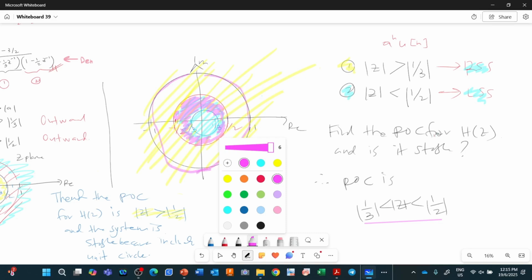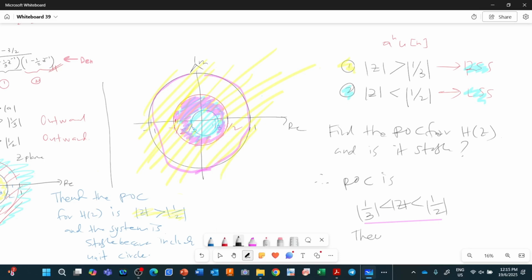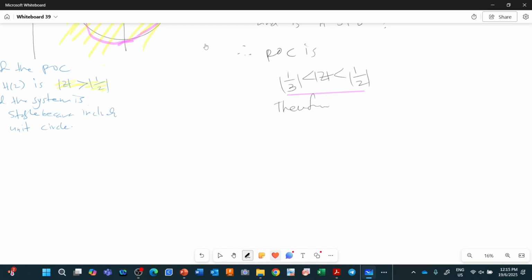No. So when it does not include the unit circle, therefore the system is unstable, because it does not include the unit circle.